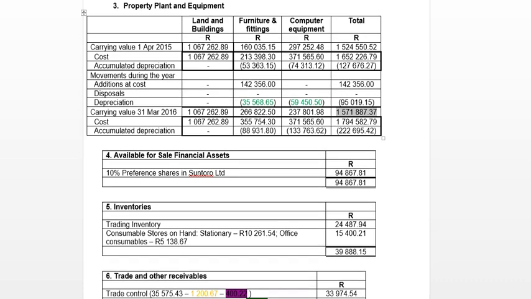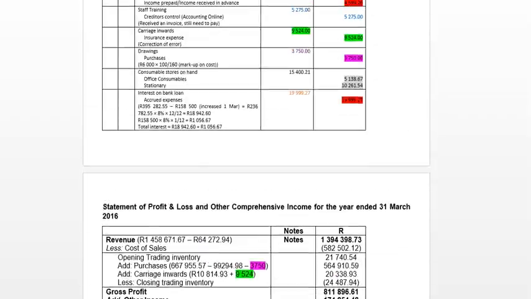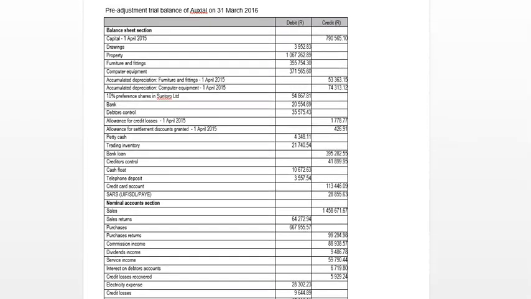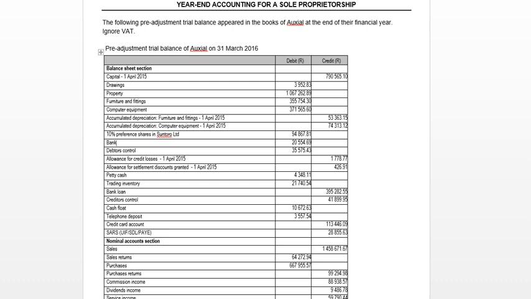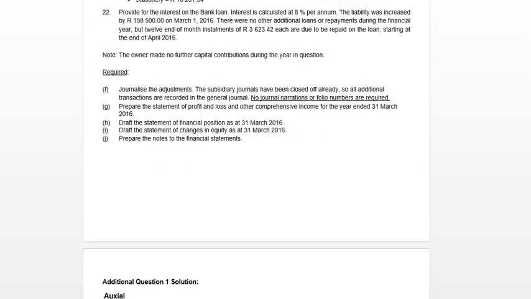Then our available for sale financial assets, that's going to be our long-term investments, and the only long-term investment we have is our 10% preference share in Santoro of 94,867 and 81 cents.